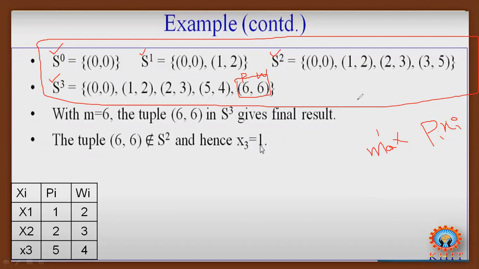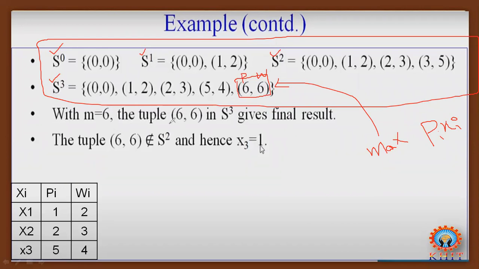How to consider the maximum profit? Here profit is 6 and weight is 6. Here profit is 5, weight is 4. If you compare all the pairs in S3, the 6, 6 pair will yield maximum profit. Hence you can consider this.